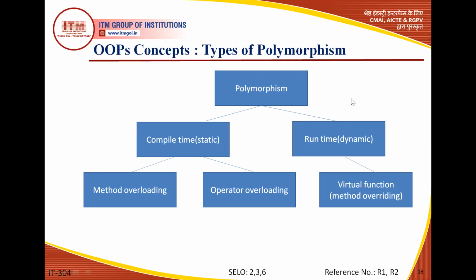Or you can say that at runtime the things are decided. So polymorphism, as you can see, is of two types, compile time and runtime.